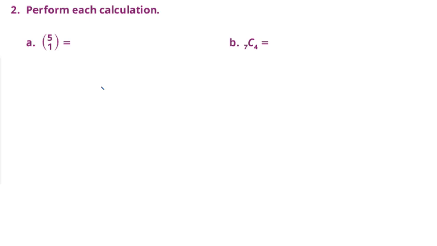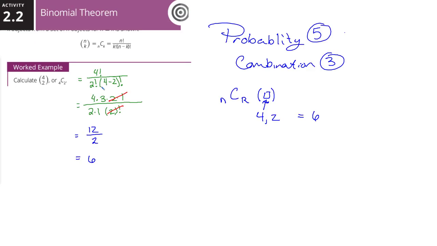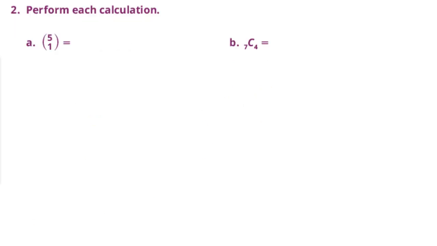Find A and B. Anybody have the number for number 5, combination 1? What about 7, combination 4?